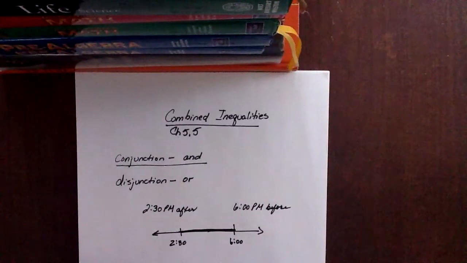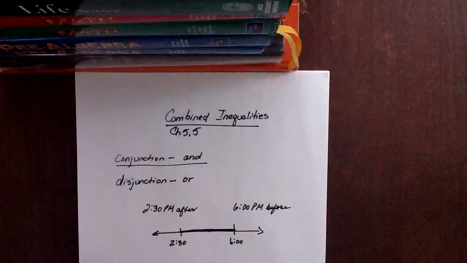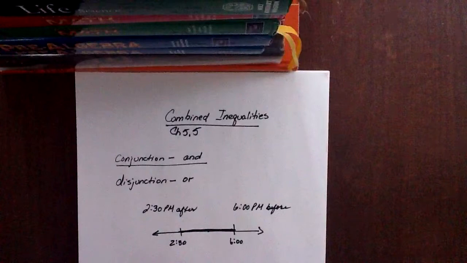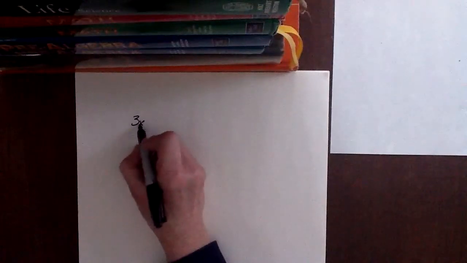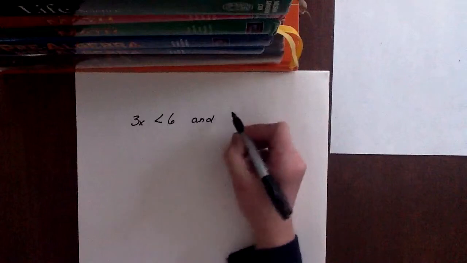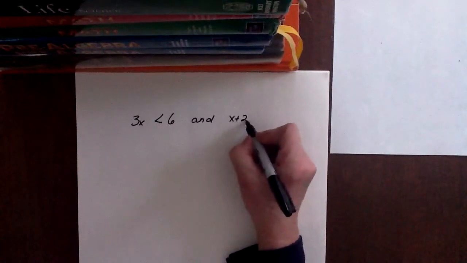So let's take a mathematical look at this and work through an example: first how we would solve it and then ultimately how we would graph it. Let's take an example like 3x is less than 6 and x plus 2 is greater than 1.